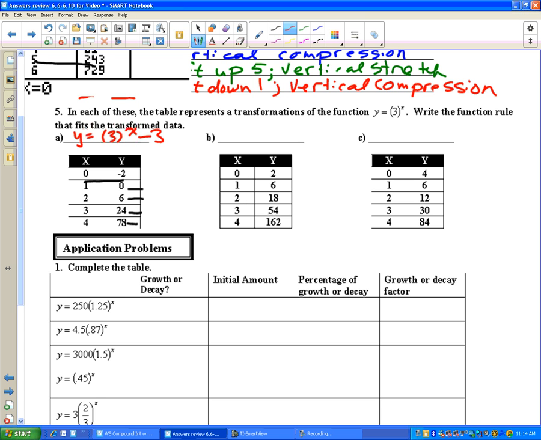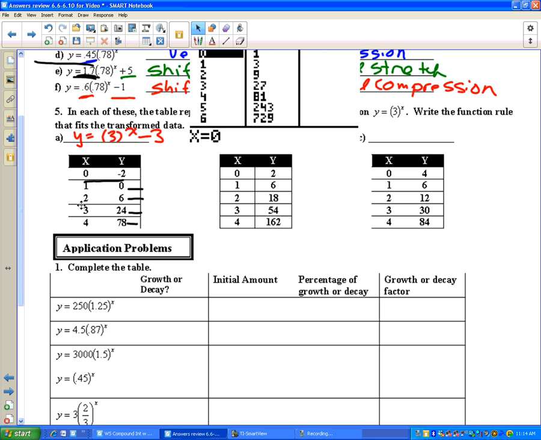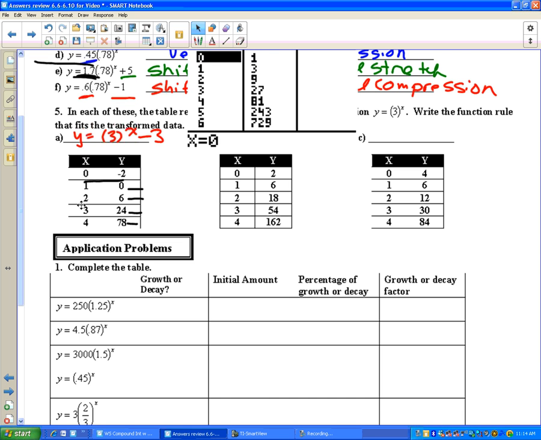Let's look at the next one. If I look at the next one, again, 1 needs to be 2, 3 needs to be 6, 9 needs to be 18, 27 needs to be 54. It looks to me like I'm multiplying by 2.